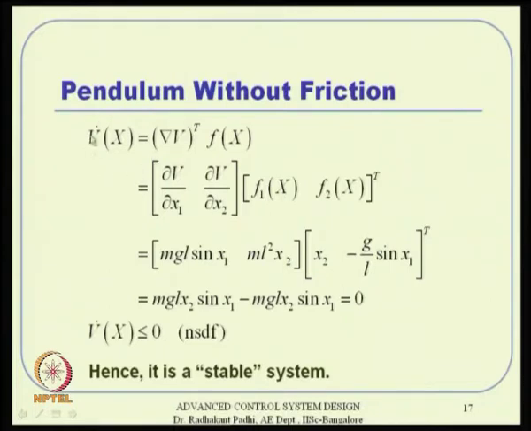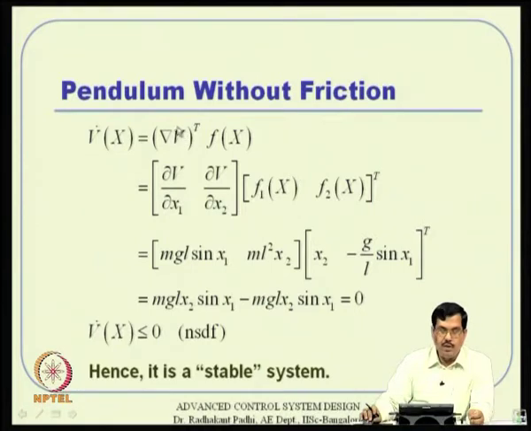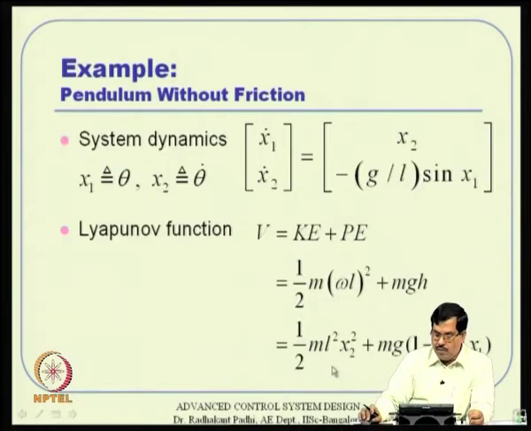Then what about my V dot? V dot is, as we discussed, del V by del x, or gradient of V transpose, times f of x. So, that is gradient V transpose, del V by del x1 and del V by del x2 as a row vector, and then f1 of x and f2 of x as a column vector. So, if I carry out this algebra, I have got a V expression.